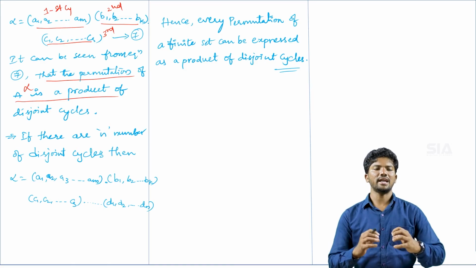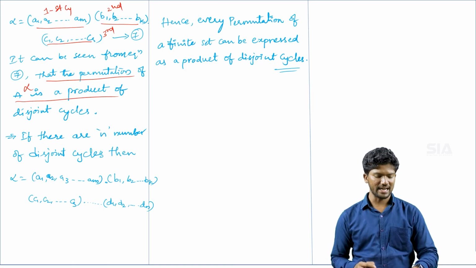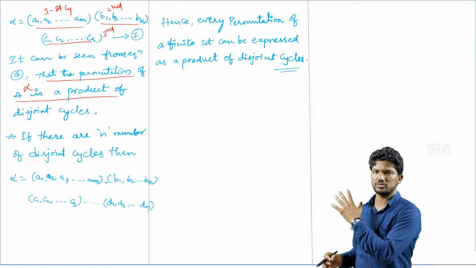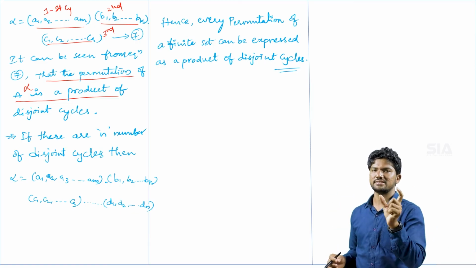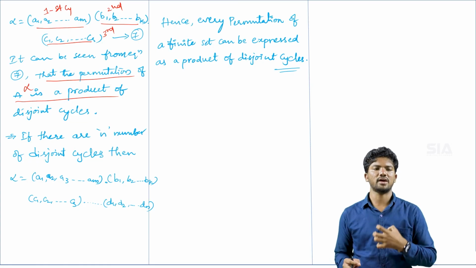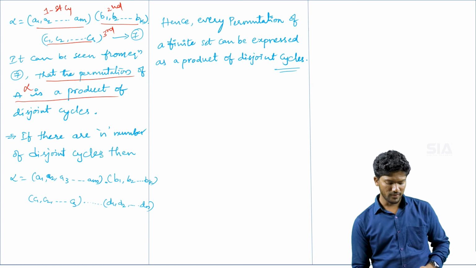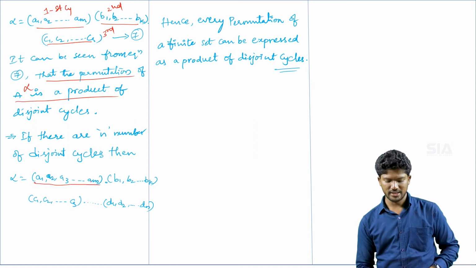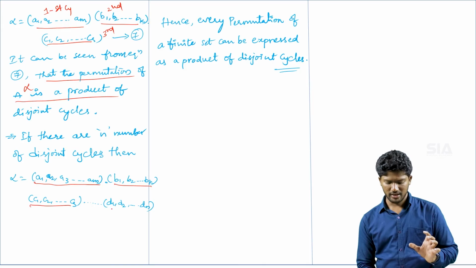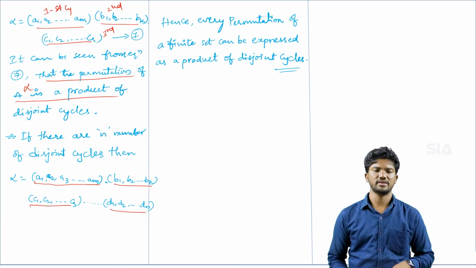If there are small n number of disjoint cycles, we calculated up to the third cycle. If you proceed to the fourth, fifth, up to some small n, because capital A is a finite set having small n elements, then alpha contains A1, A2, A3, B1, B2 up to some B suffix k, C1, and the last one D1, D2 up to some D suffix n.